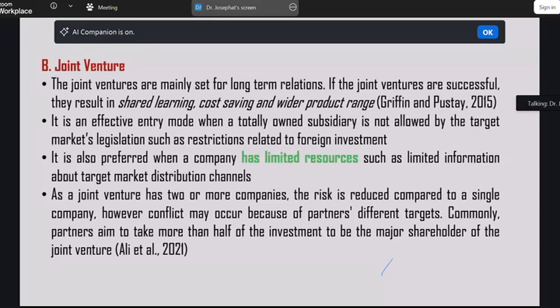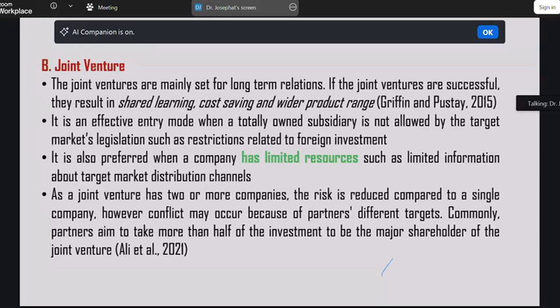It's an effective entry mode when a totally owned subsidiary is not allowed by the target market regulations, such as restrictions related to foreign investment. Kama unavyoweza kuta, baadhi ya nchi wana discourage these totally owned subsidiaries. So the only way inabidi wafanye joint venture na local company katika nchi husika ambako wanaenda kuinvest.